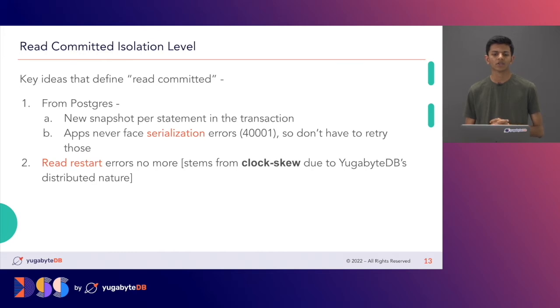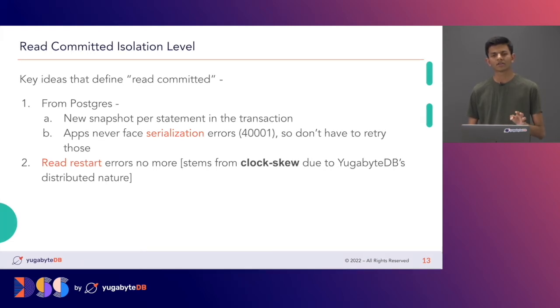It's not distributed. So given this, read restart errors are open for semantics. Now the thing is, we ensure that read restart errors don't occur in read committed mode. Clients don't have to retry those, they don't have to worry about those, right? So that's the third point.